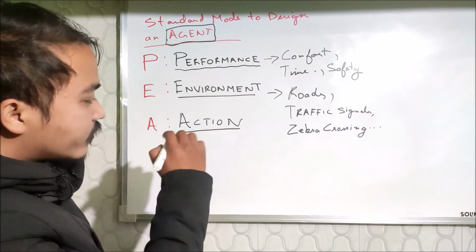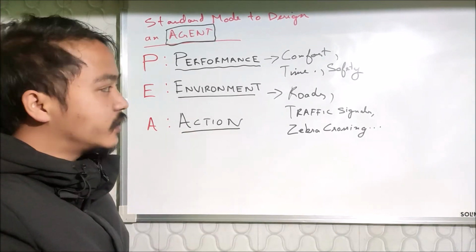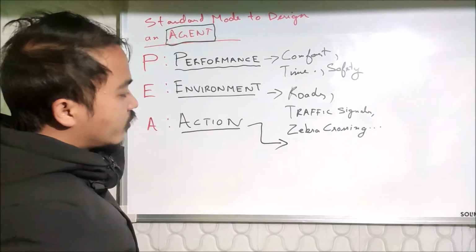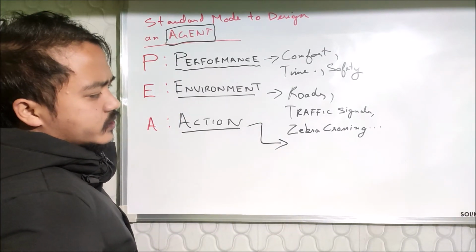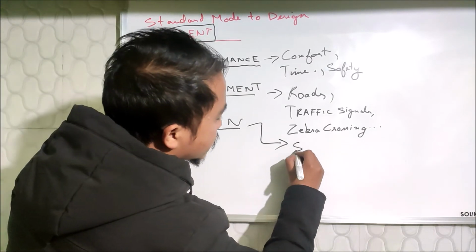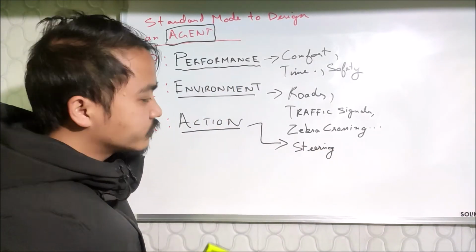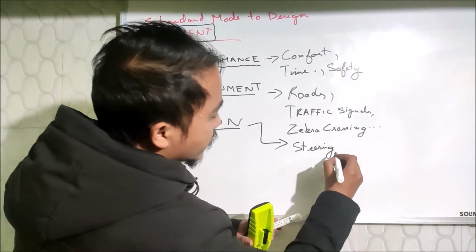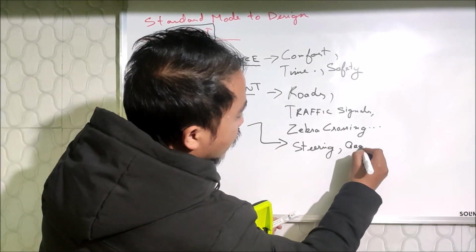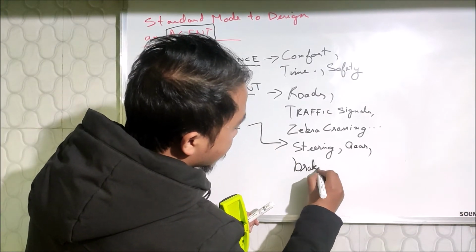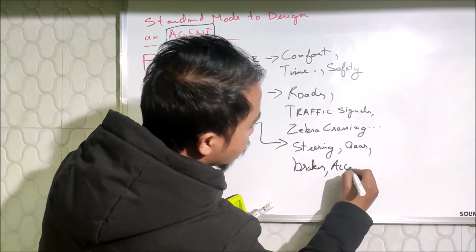Again, let's say in the self-driving car, the examples for actions constitute steering. These are actuators that perform actions: steering, gear, again you have brakes, accelerator.